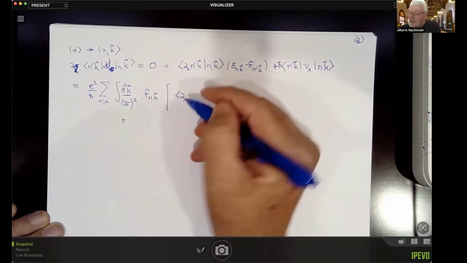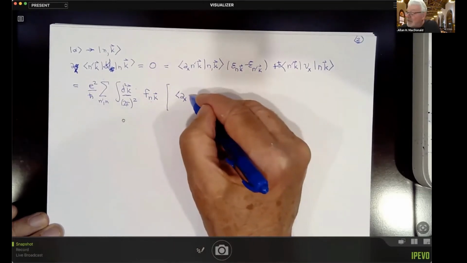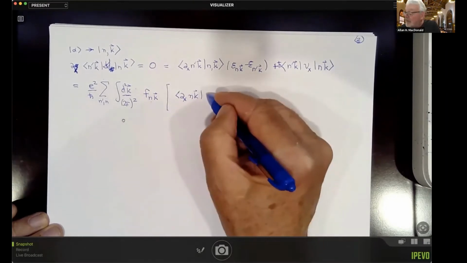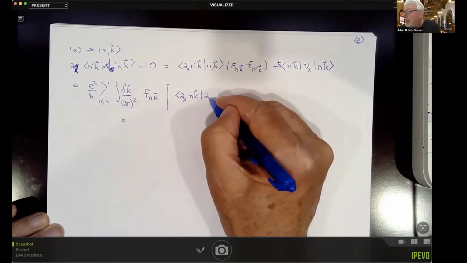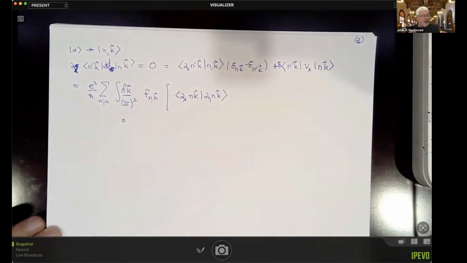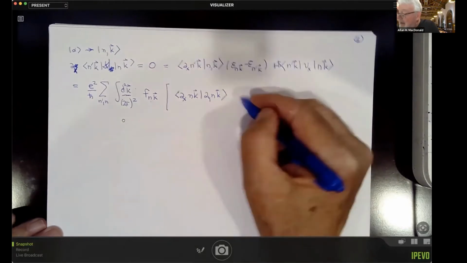And what you get in the expression in the end, this Kubo formula, turns into derivative of the wave function, a property of just one band.